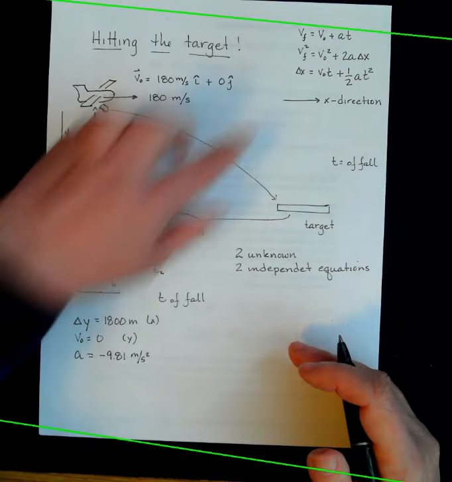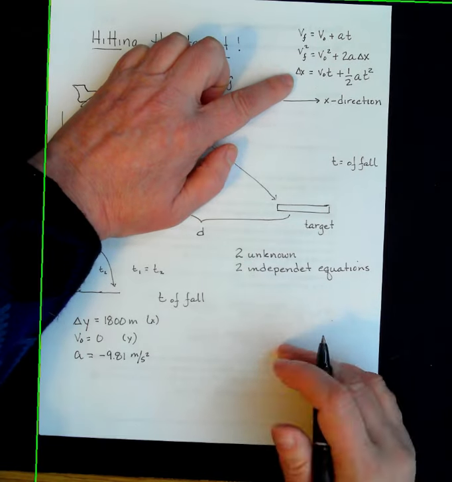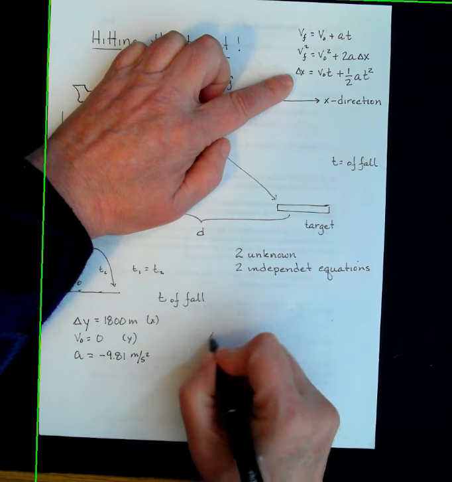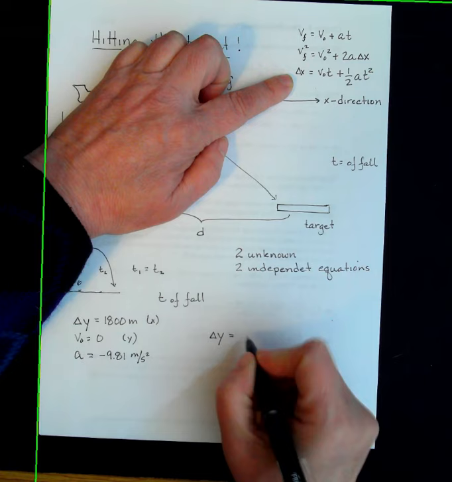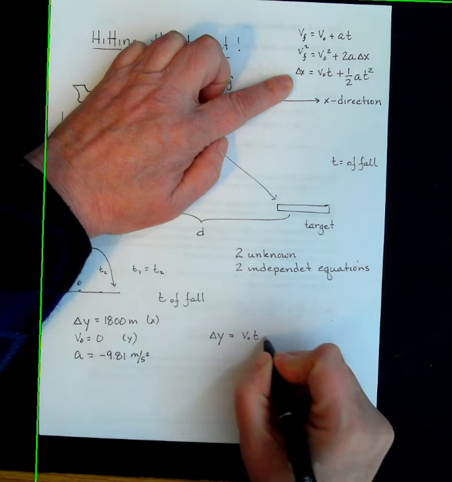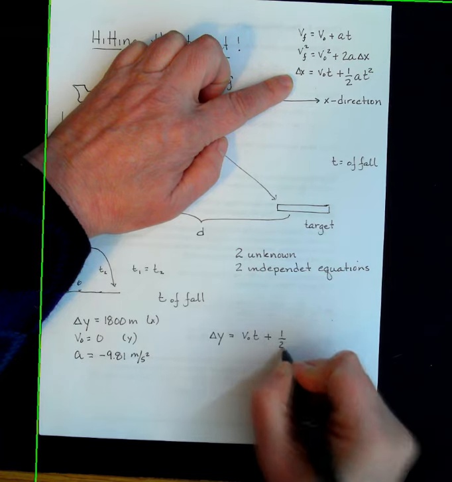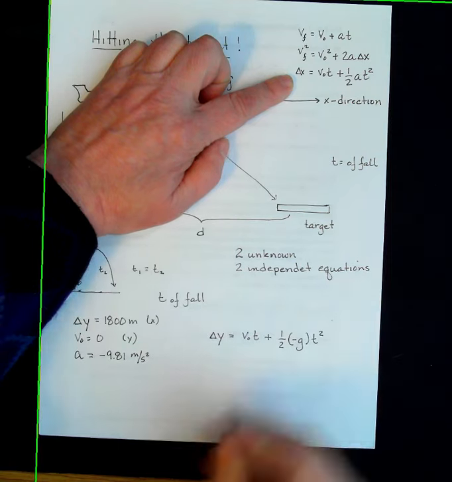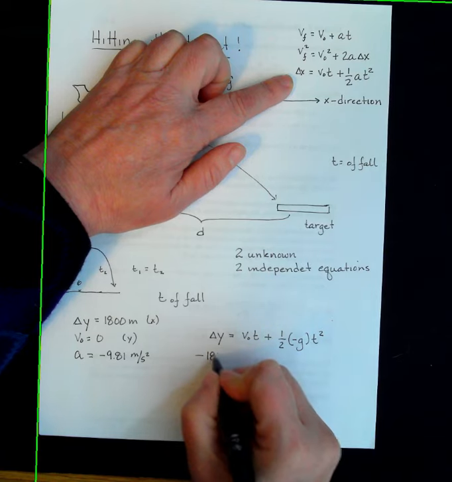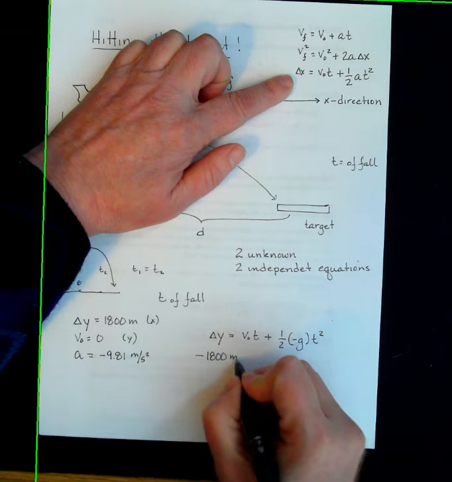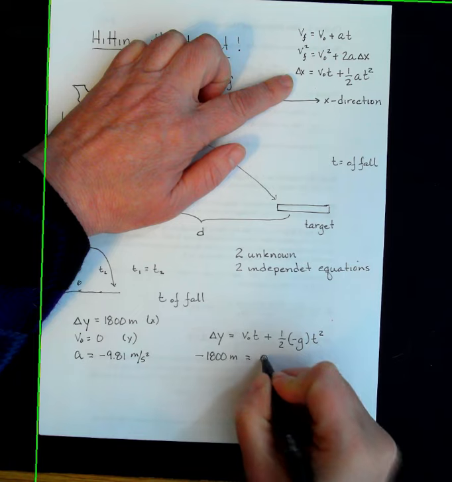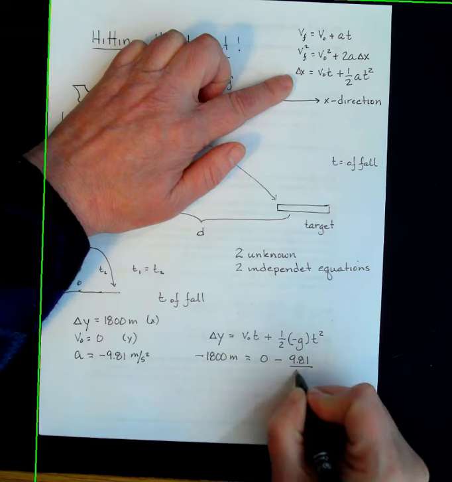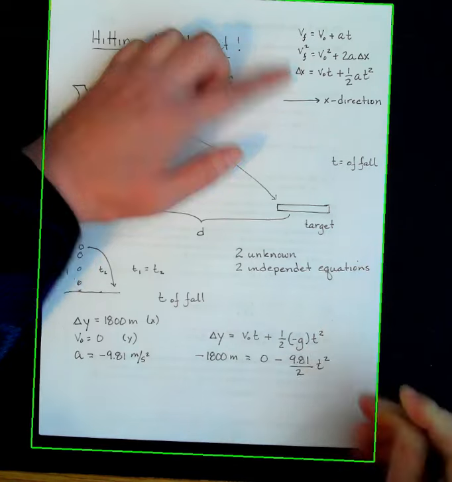However, I can look at this and go, oh, well, look at here. I've got my change in position. I have my initial velocity. I've got my time. So let's write it in terms of y. We know our initial velocity, and we've got 1/2 my negative g times time squared. So my change in position is going to be my negative 1,800 meters. Our initial velocity is 0, and I have minus 9.81 divided by 2 times t squared.